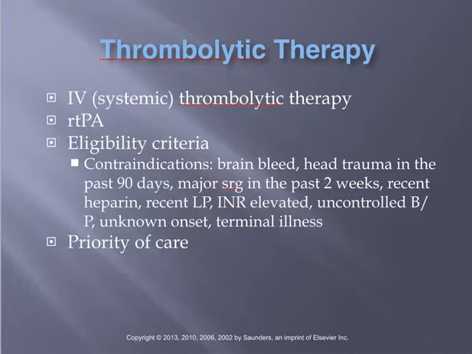So unfortunately, if a patient is found by family laying on their bathroom floor and we don't know what time they went down and they have a clot in their brain, we can't give them TPA because we don't know how long that clot's been there. There are also some other contraindications that would be reasons not to give TPA because the risks would outweigh the benefits. So contraindications are listed on this slide, and I would absolutely know these.